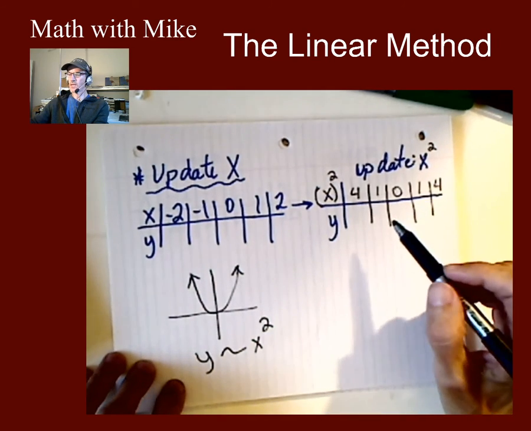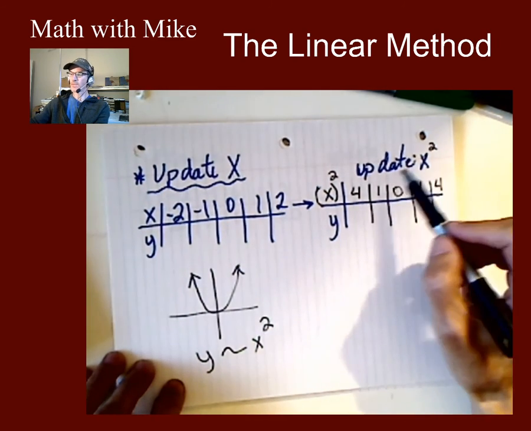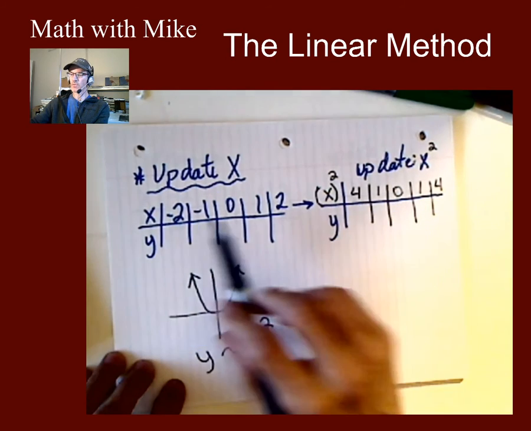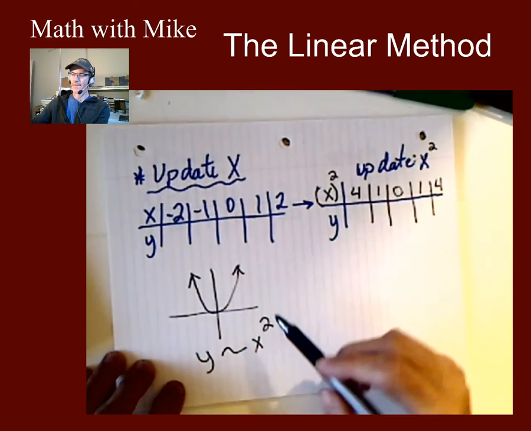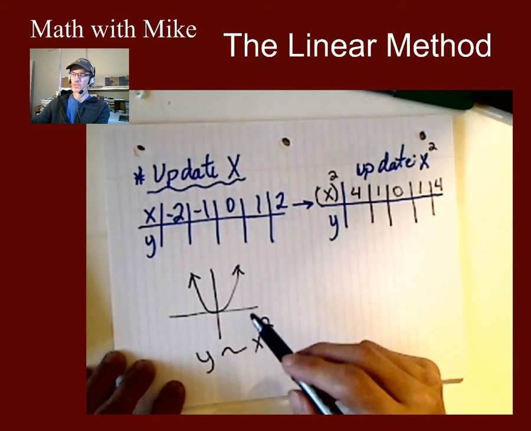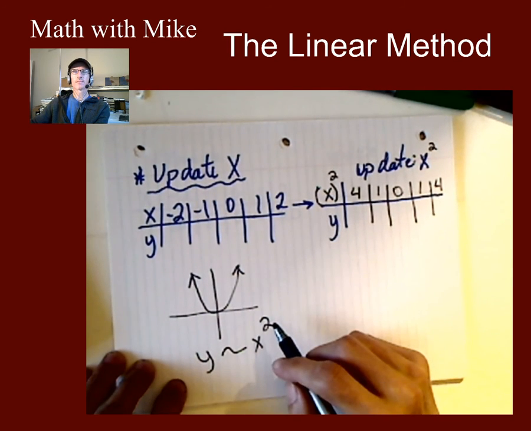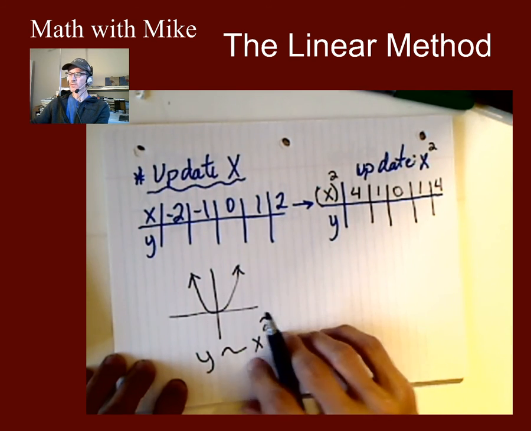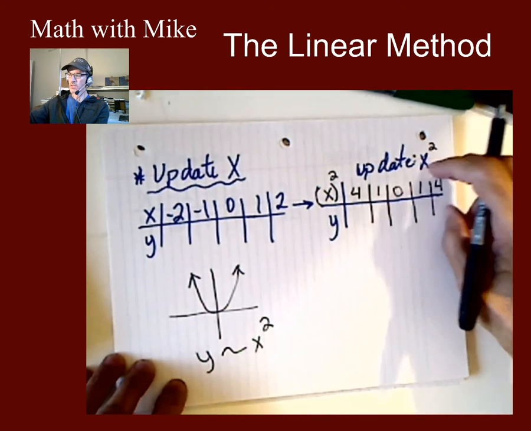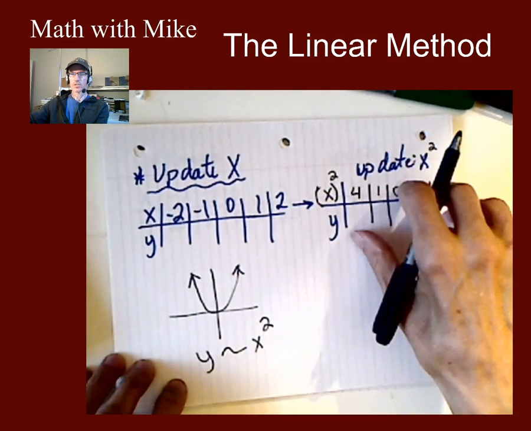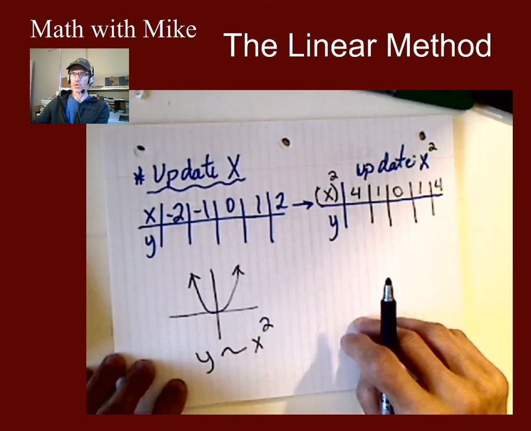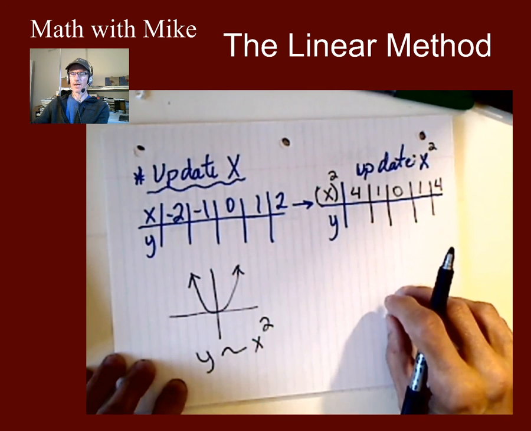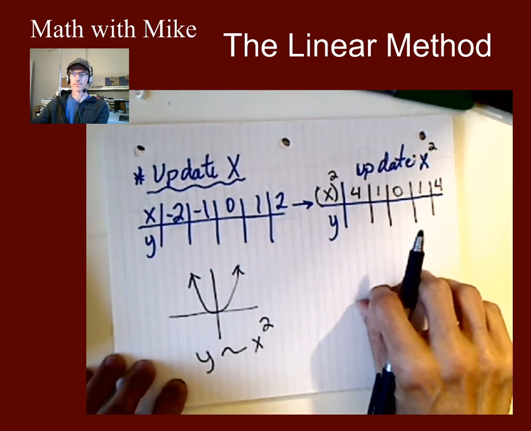So what we've done is we've updated the x coordinates from the original to x coordinates that now match the shape on the graph. And what we will do is use the new values that we get in this table here to create a graph and continue through the process to get to the final equation.